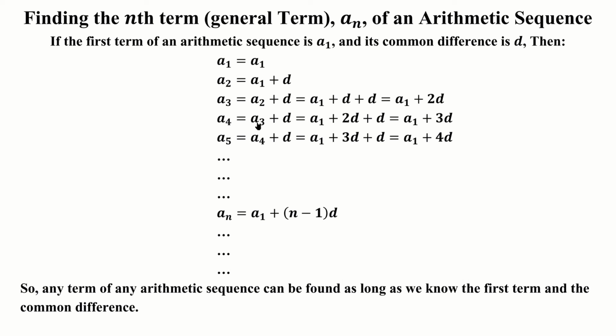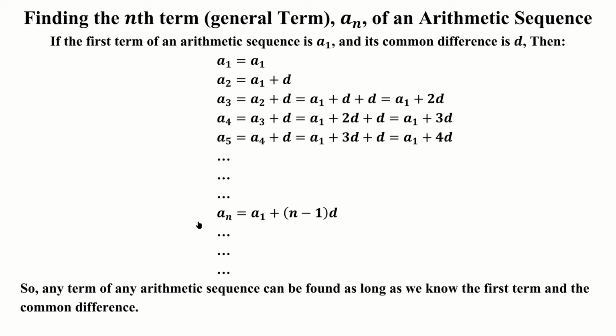And to get A4, we would take A1 and add 1 less than the term number 4, which gives me 3 times the common difference. So if we generalize this for AN, we get A1 plus 1 less than the term number. The term number here is N, so quantity N minus 1 times D, and that will give us the nth term.